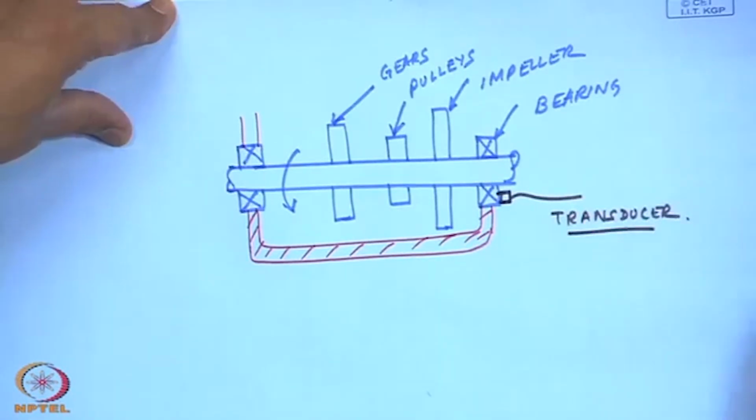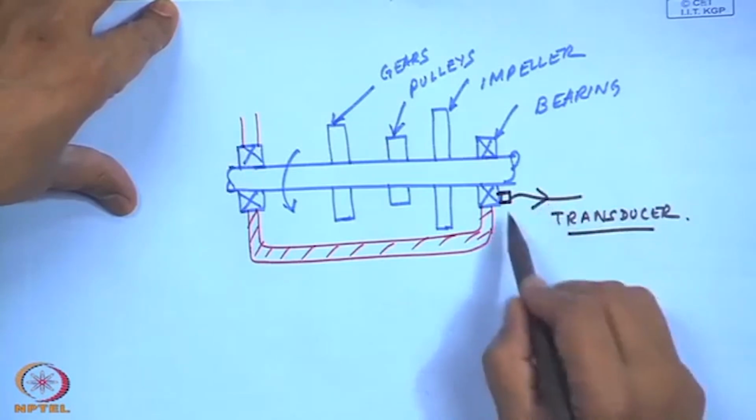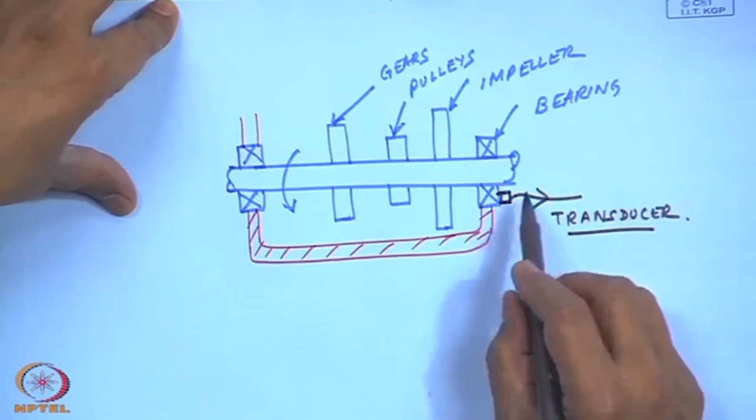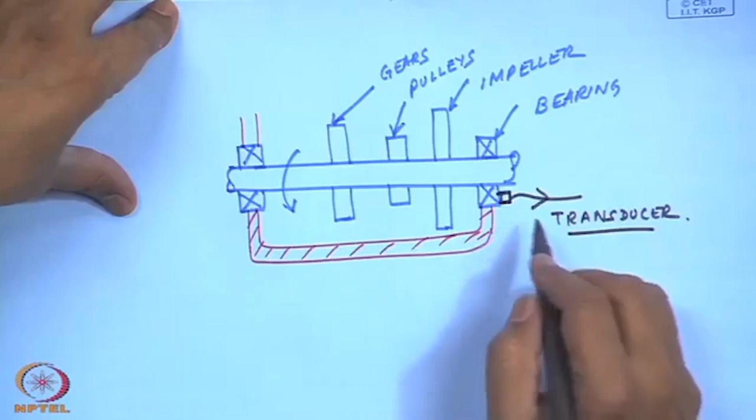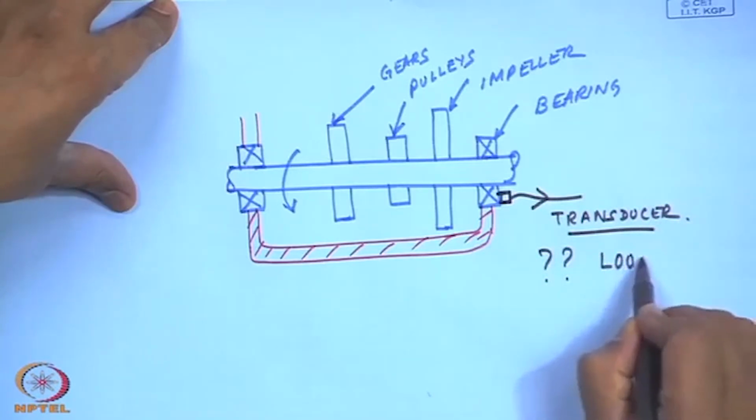Now, it is the characteristics of the signal which you measure by putting a transducer near the bearing locations, and from this how do we identify looseness is our objective.